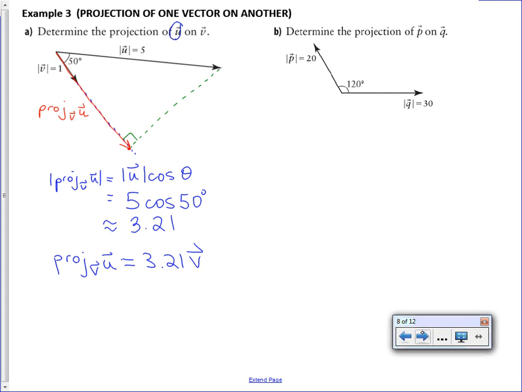So if vector v, let's think about this. Don't put your pencils down, I just want you to think about this. If vector v's magnitude was 2, how could I make vector v 1 unit long? What would I have to do as an adjustment to vector v to make it only a 1 unit long vector? Divide by 2, or more specifically, times by a scalar of a half. Do we all agree that's equivalent? They're just balancing an equation.